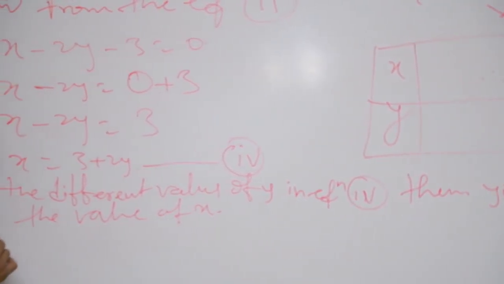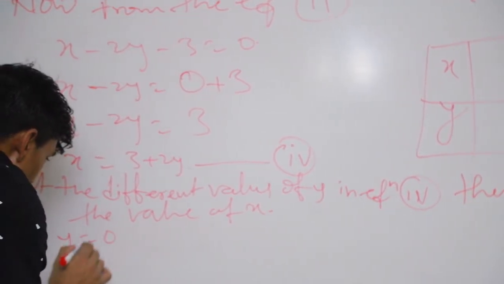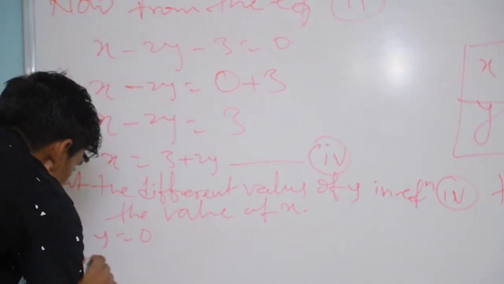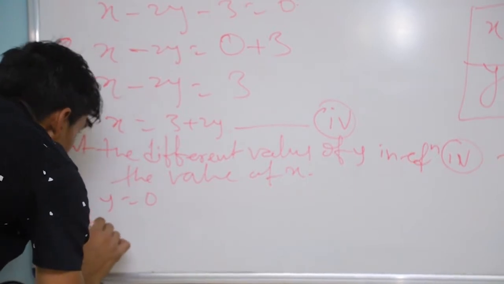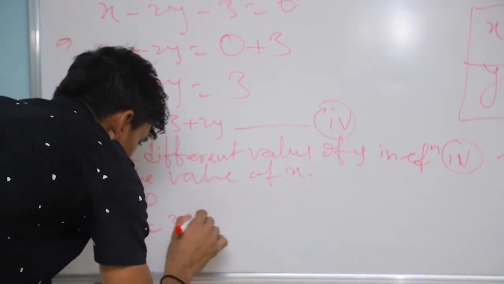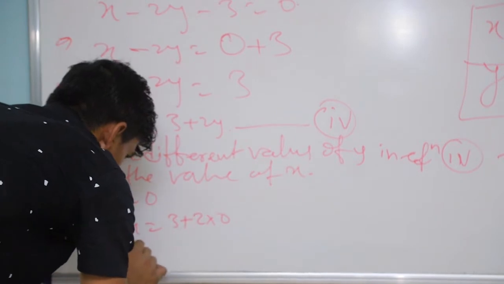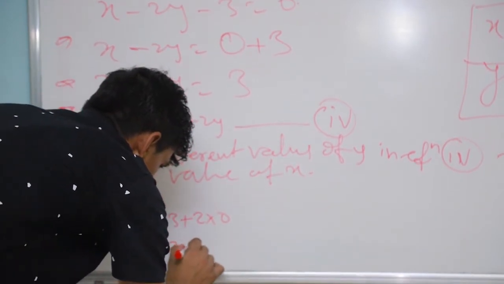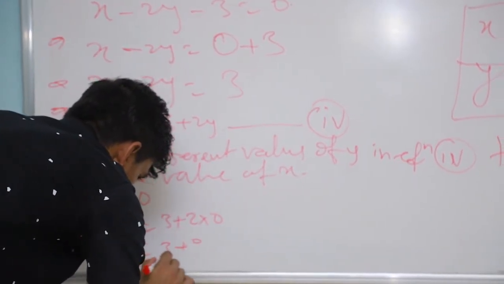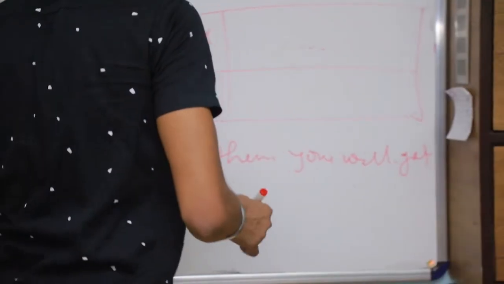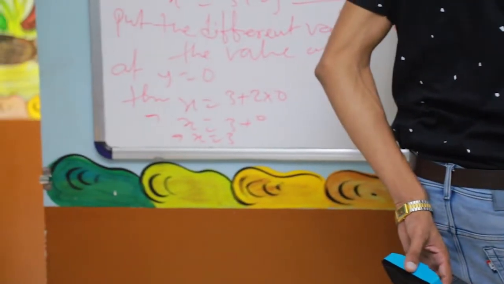At y equal to 0, x equal to 3 plus 2 into 0, that means x equal to 3 plus 0, x equal to 3. Here y equal to 0, then x equal to 3.